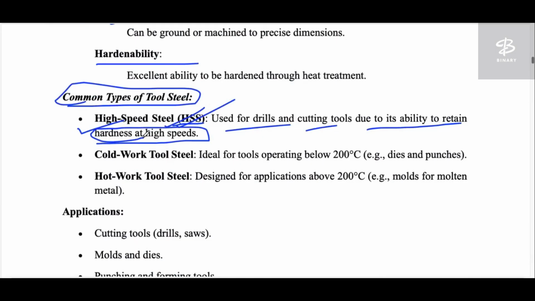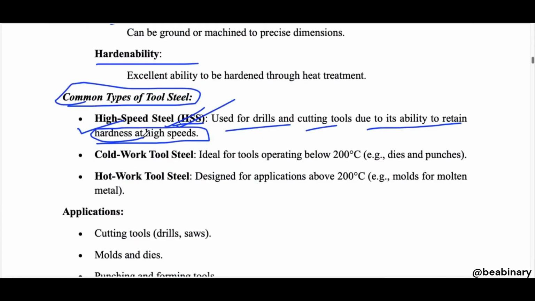Due to the high speed, they come into contact with the other materials, and due to that, they generate more heat, and at that heat, material sometimes gets melted. Due to a very small amount of melting, or softness, the material will lose its hardness.